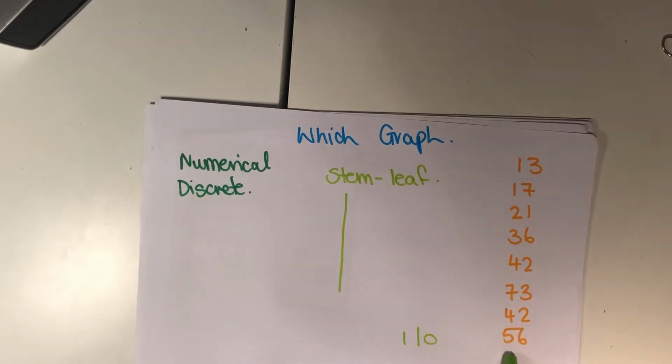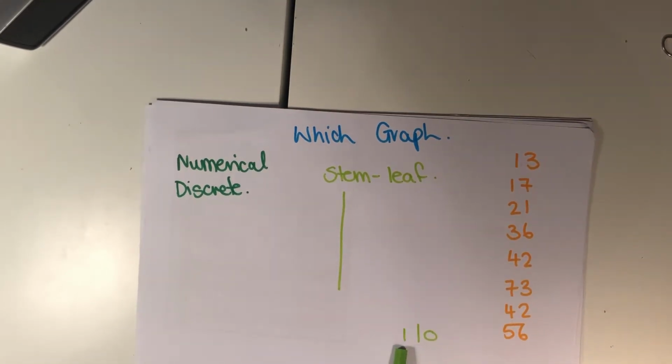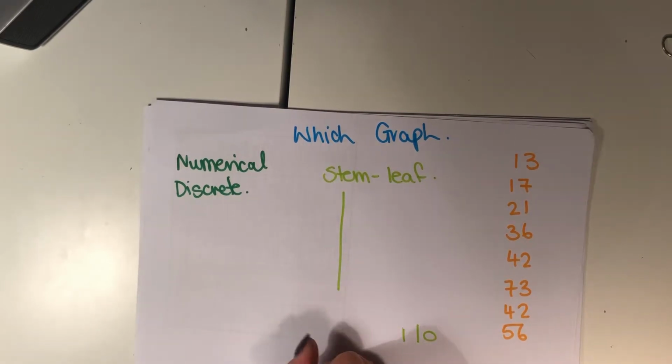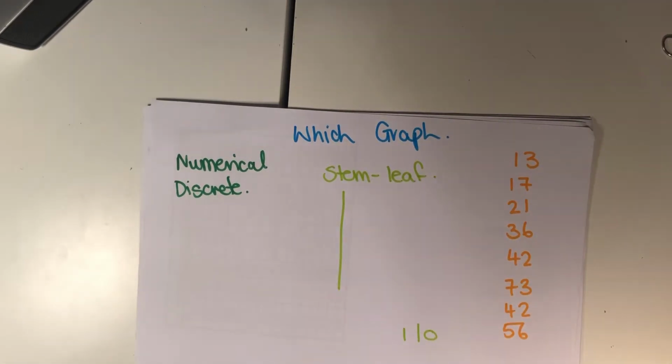I'm going to split all these numbers in half. So whatever's in my 10 column is going to go on my stem and whatever's in my units is going to go on my leaf. Now with a stem and leaf, it is really important that they have to be in order, when we're going out on our leaf.